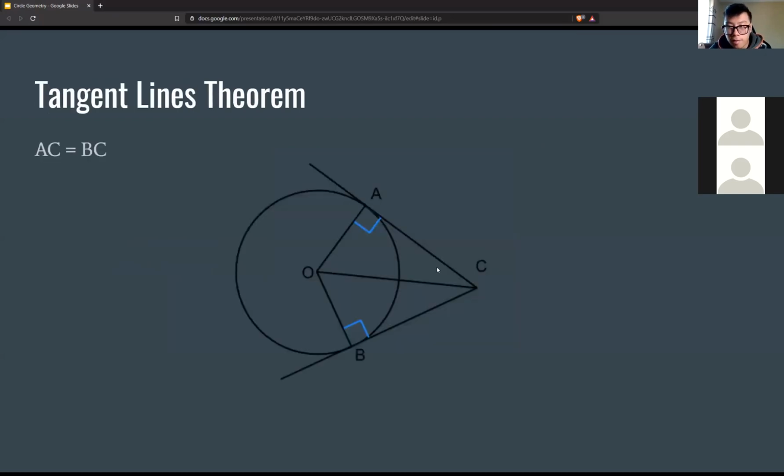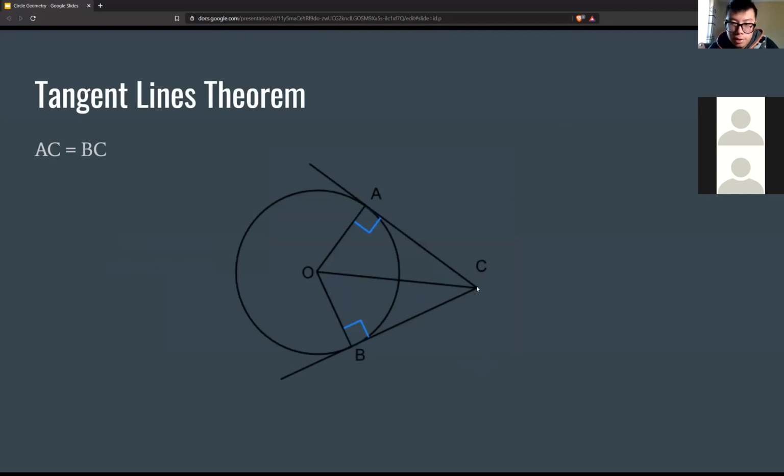All right, now we have the tangent line theorem. The theorem states that assume you have a point on the outside of the circle. Let's call it C. From that point, let's draw two tangent lines, one from C to B. Tangent lines only touch one point on the circle, correct?